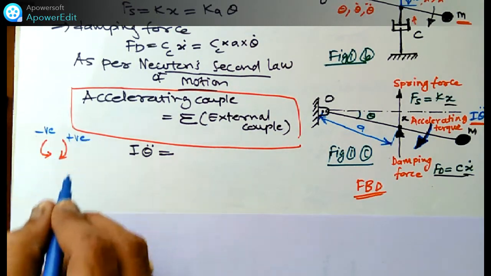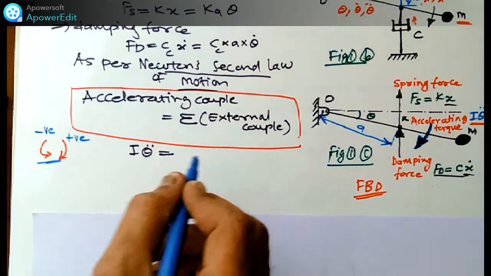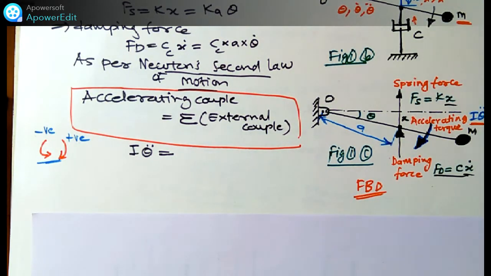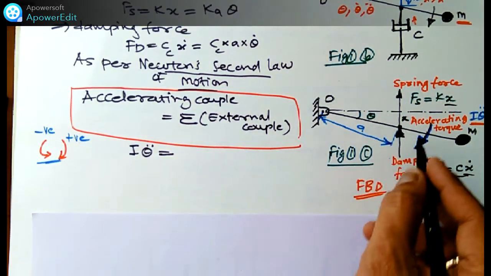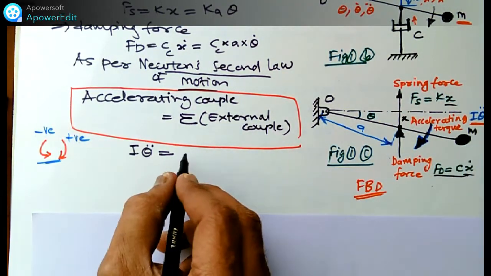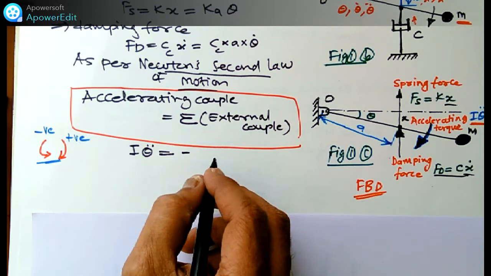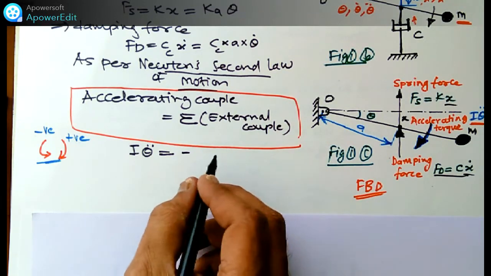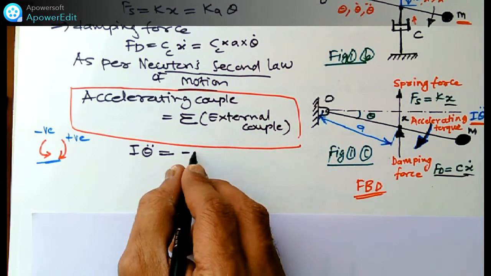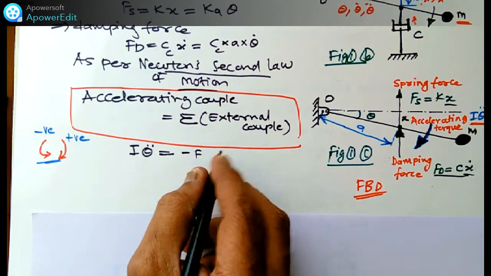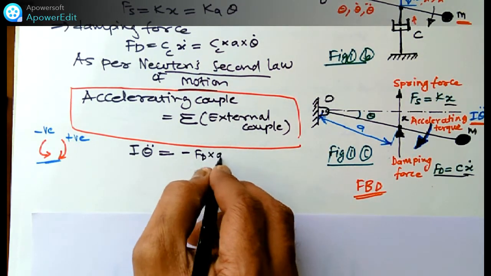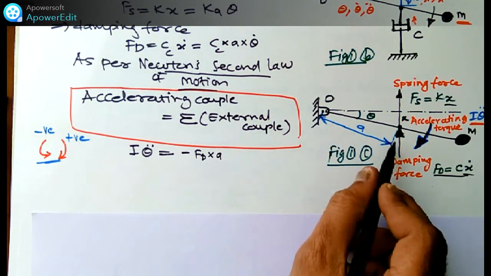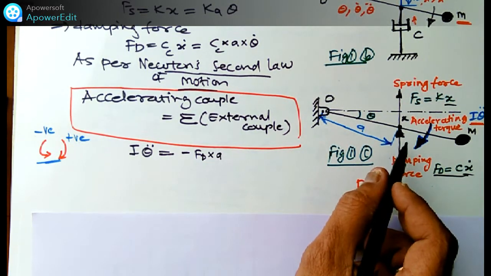As the couples or torque formed due to this force are negative, I will write here minus Fd, the force due to the damping force, Fd into a, at a distance a, minus Fs into a.